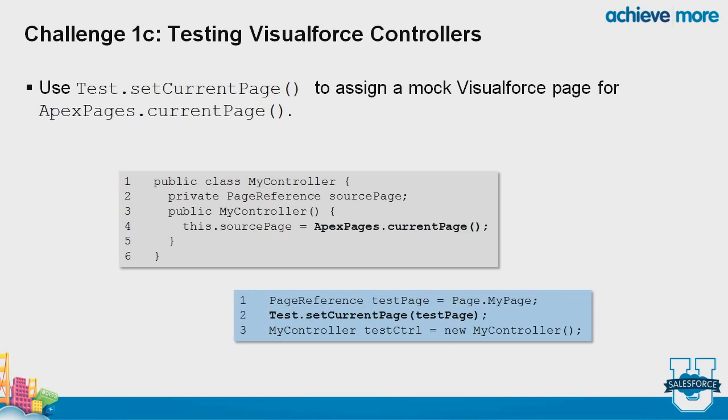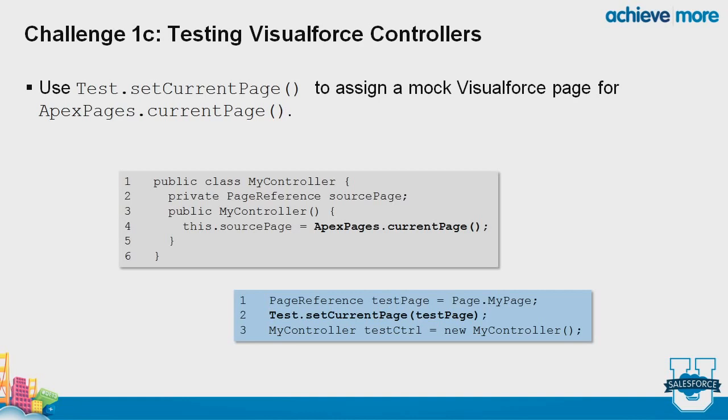Now, one of the things that a controller does is that it can take a look at the query string parameters by doing Apex pages current page, etc. In our business code, we're going to get the value of the page, or maybe the parameters, and we need to get that page in here, so we need to send it in the test.